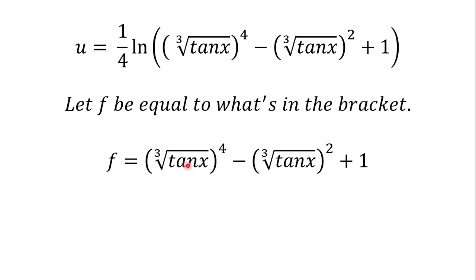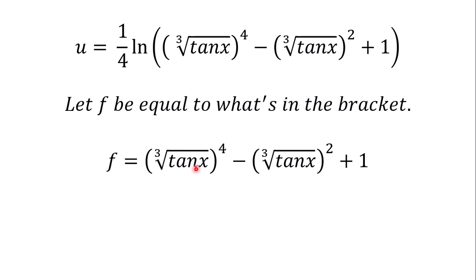So this is the same thing as tan x raised to the power 4 over 3. So cube root of tangent x to the power 4 is the same thing as tan x raised to the power 4 over 3.